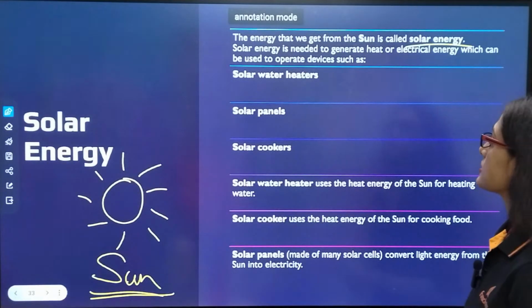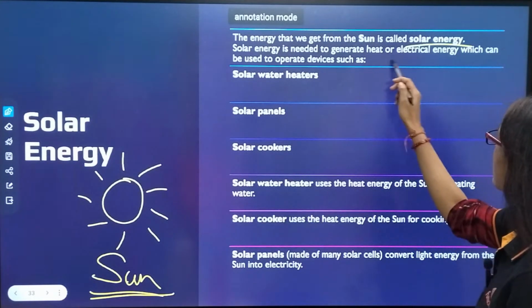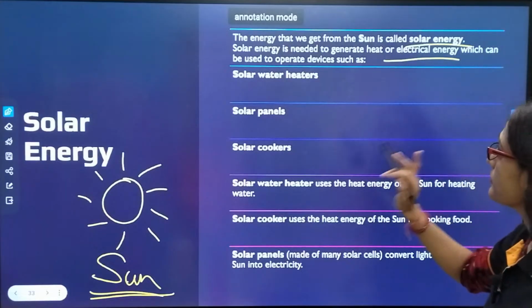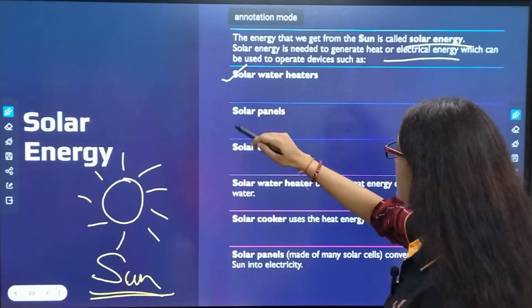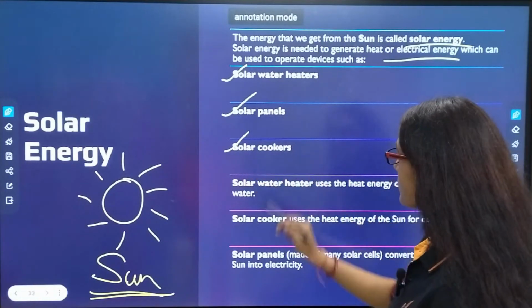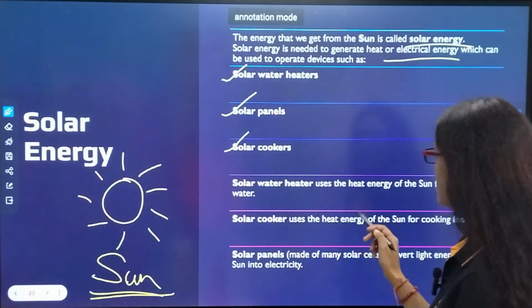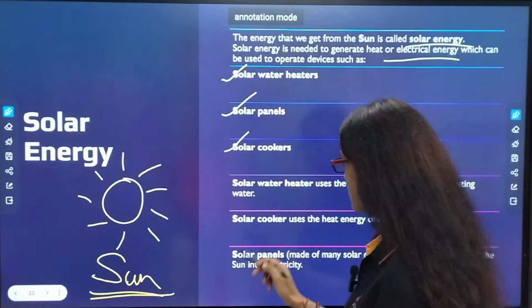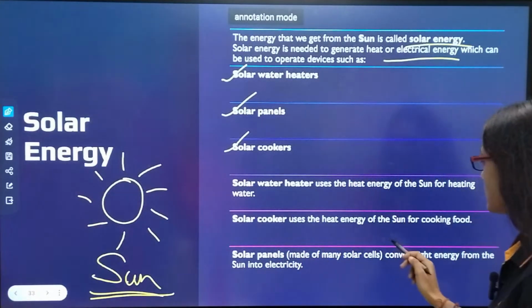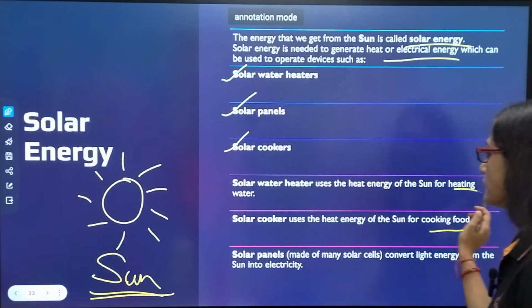Solar energy is used to generate heat or electric energy which can be used to operate devices such as solar water heater, solar panel, solar cooker. Solar water heater uses the heat energy of the sun for heating water. Solar cooker uses the heat energy of the sun for cooking food.